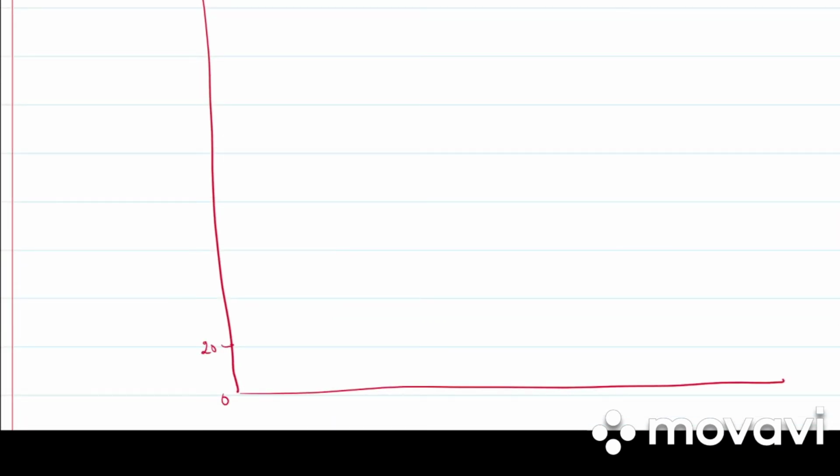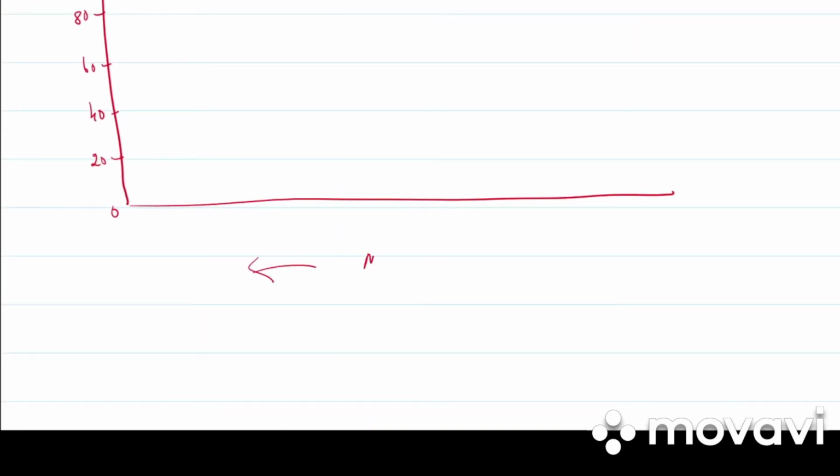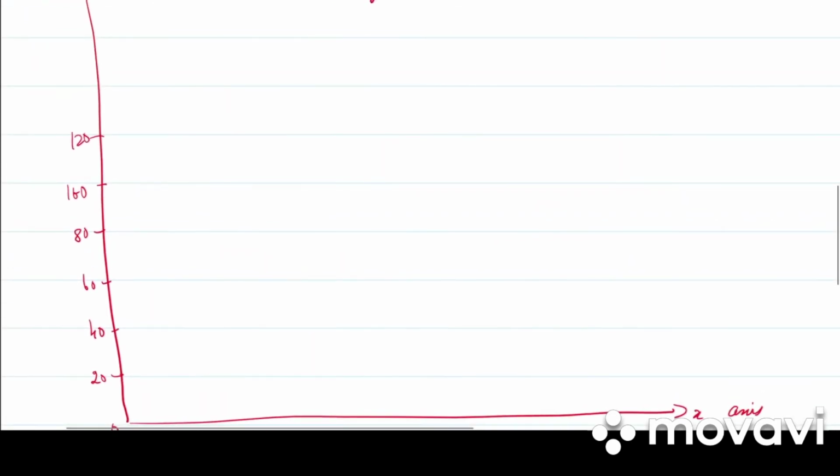So we take a scale of 20, 40, 60, 80, 100, 120. Y-axis represents number of students. X-axis will represent marks. Kindly use scale and pencil to draw the graphs. And what is the heading?